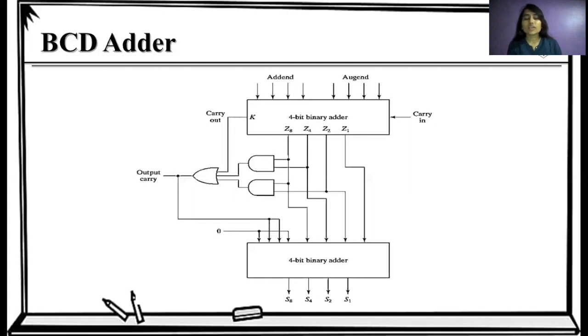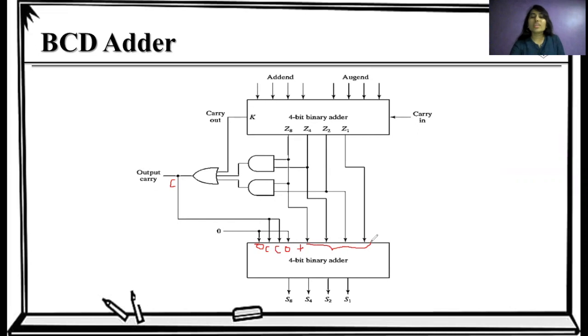In the next 4-bit binary adder, we add Z8, Z4, Z2, Z1 plus 0CC0. If we have this carry C, then we have the bits 0CC0 plus this binary sum.